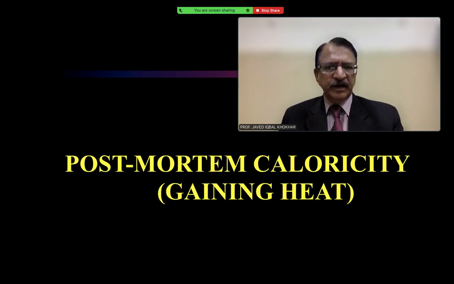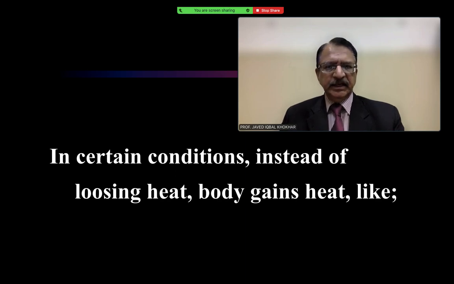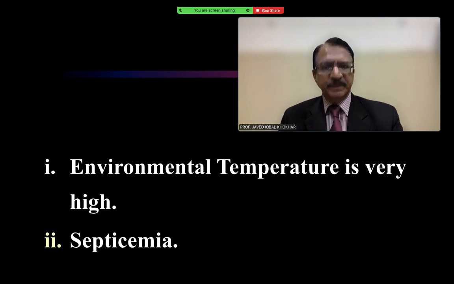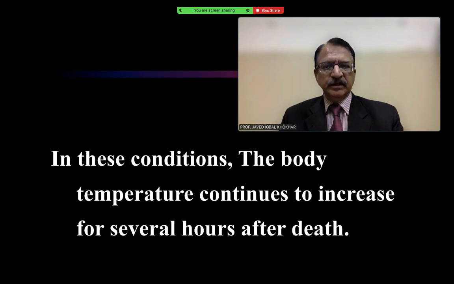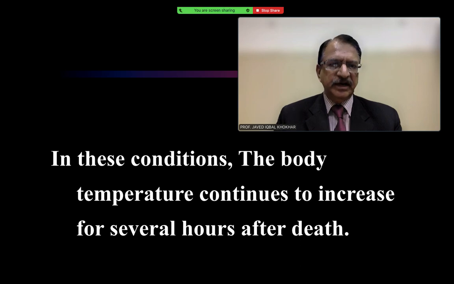Now the postmortem caloricity, that is gaining heat. Instead of losing heat, the body gains heat after death in certain conditions. This is because of high environmental temperature or septicemia. In these conditions, the body temperature continues to rise for several hours after death.